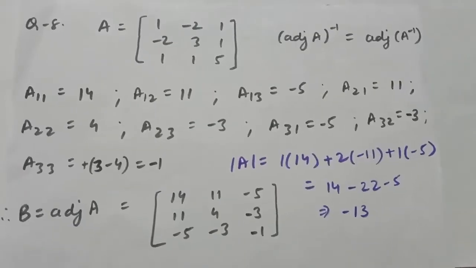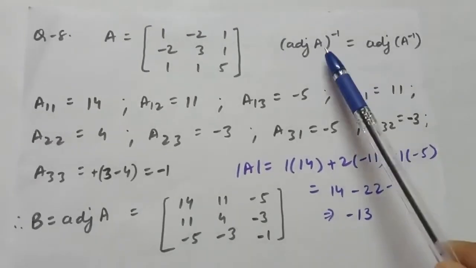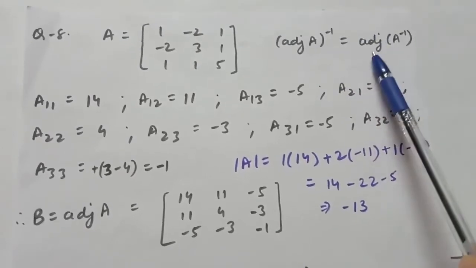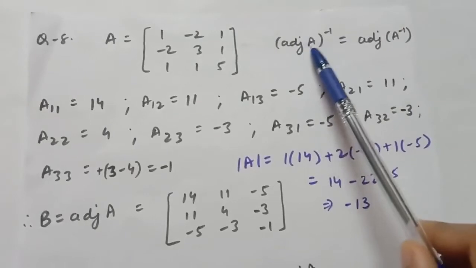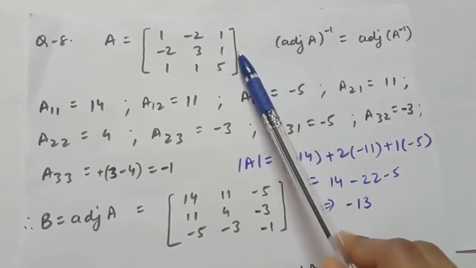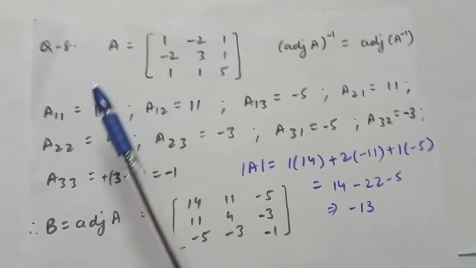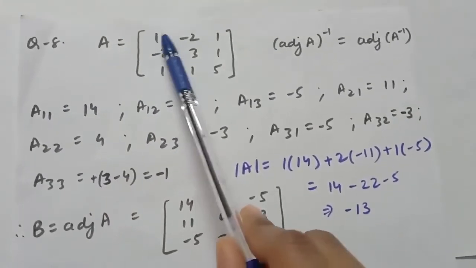In question number 8, the matrix A is given and they have asked to prove that adjoint of A whole inverse is equal to adjoint of A inverse. So first of all we will find out adjoint of A. A is already given. So adjoint of this element 1, that is A11, will be, leave the first column and the first row.